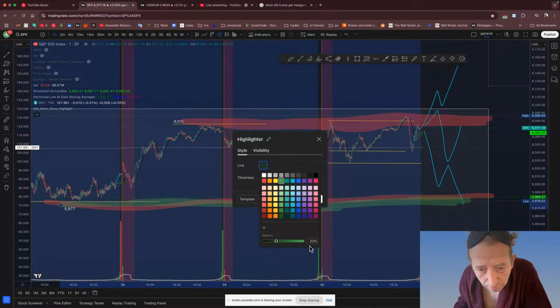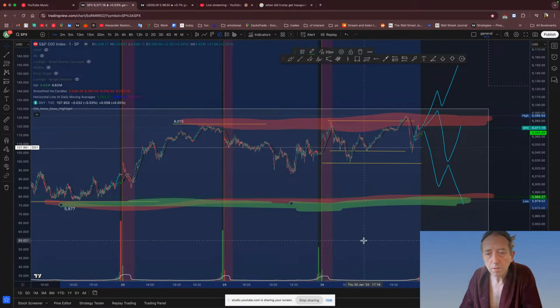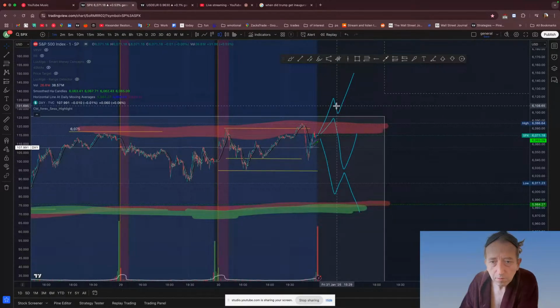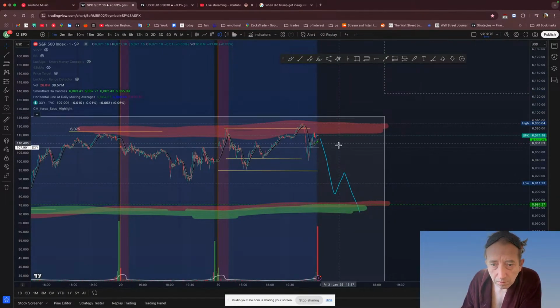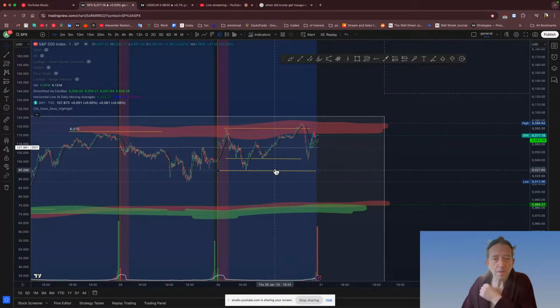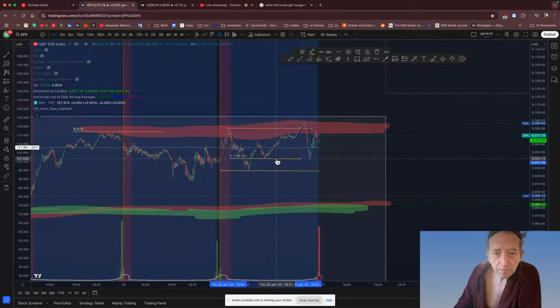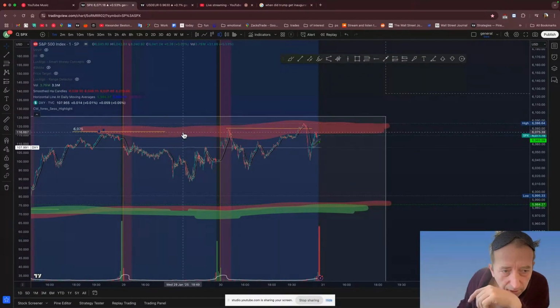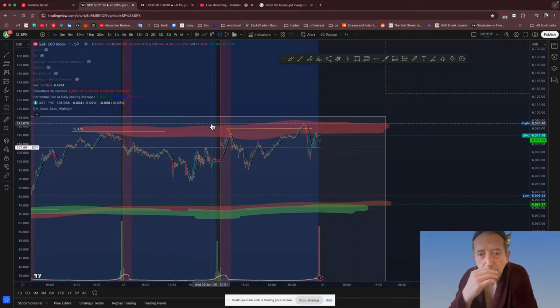Clean. Right. Let's take this off. Let's, can't predict the future. Let's take off some of these as well. The only thing we can be sure of is this line at 6075.